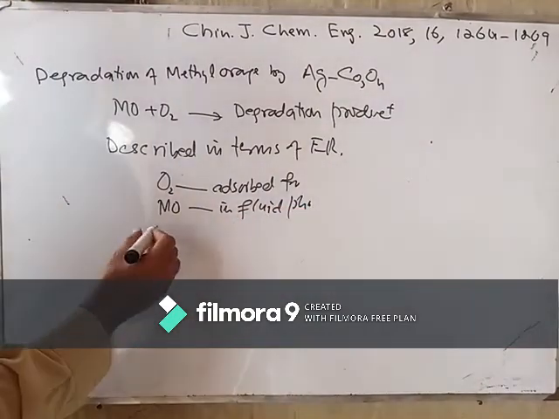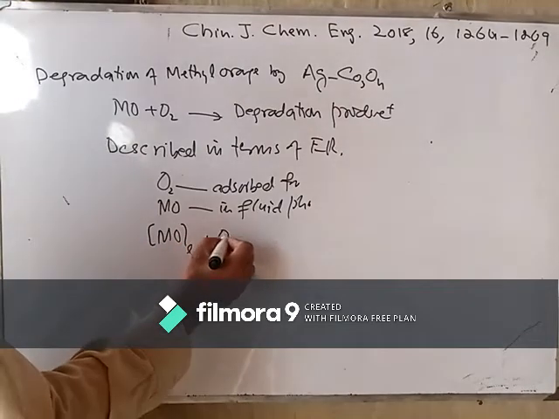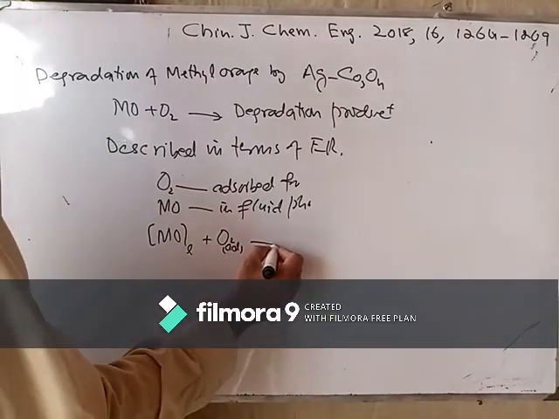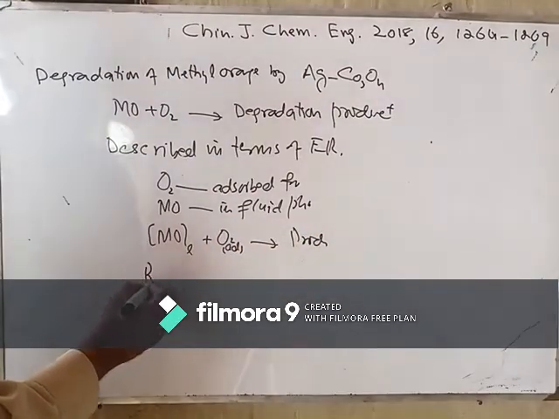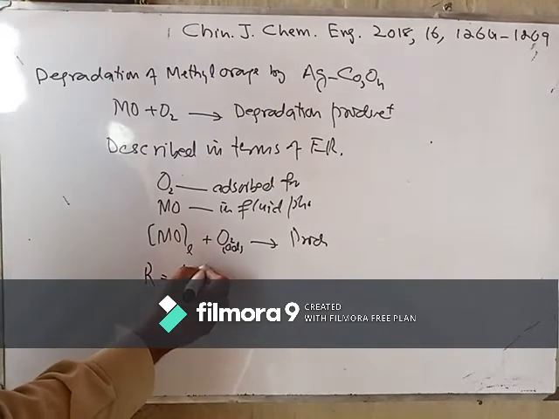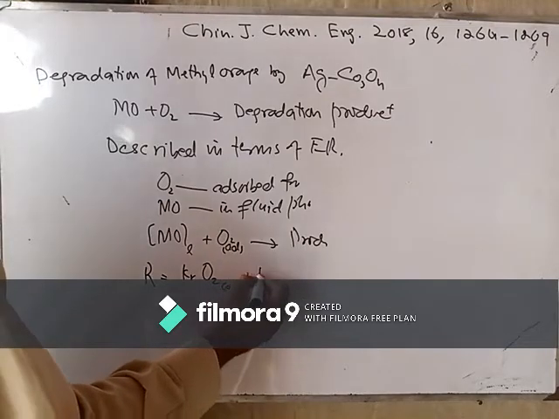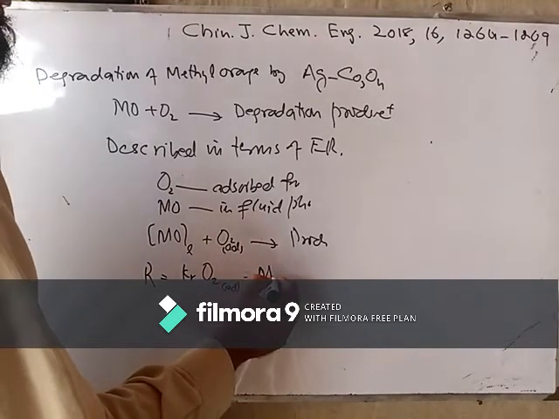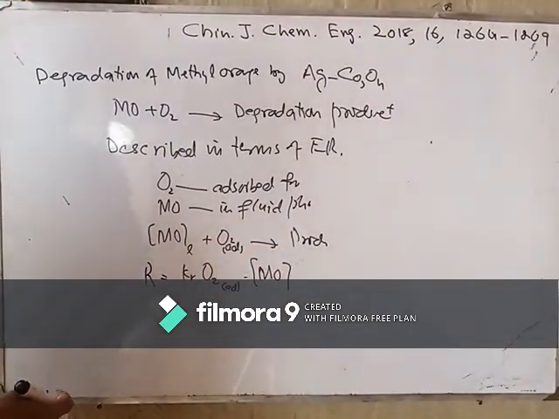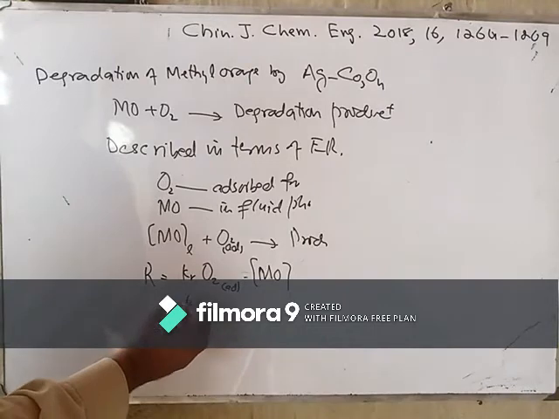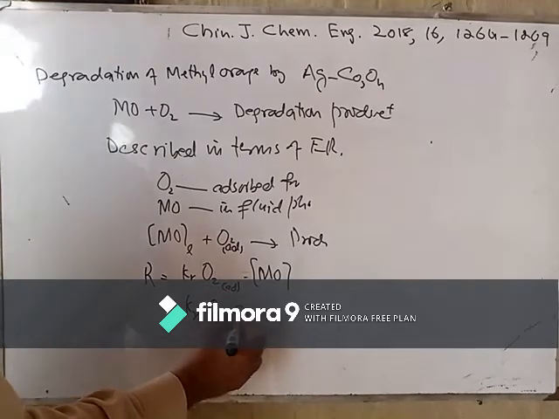So MO in liquid and oxygen in adsorbed form give product. So the rate is equal to Kr, oxygen adsorbed, and MO in fluid phase. This square bracket represents the concentration. Kr, theta O2, and MO.